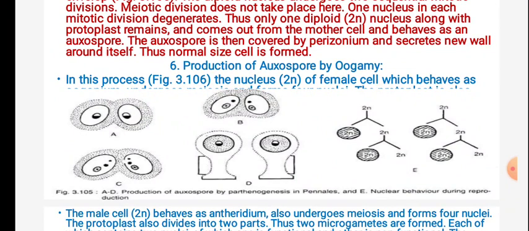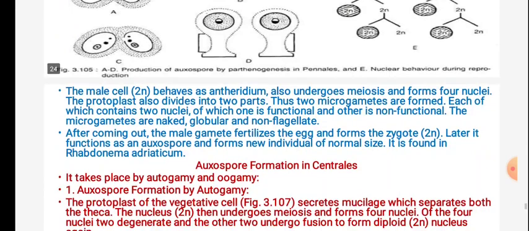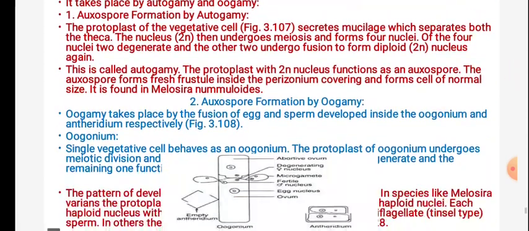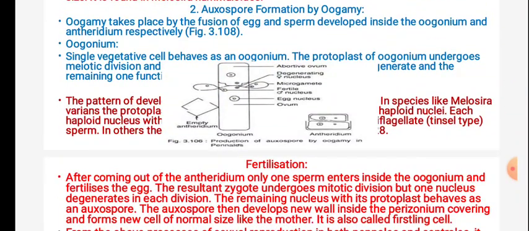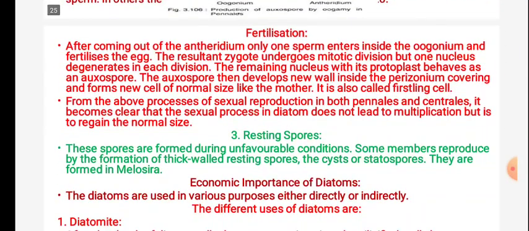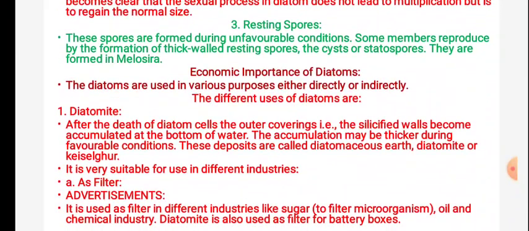The auxospore formation by oogamy is also an important part. In fertilization, to form a zygote, the oogonium is fertilized by the sperm, and later it becomes a resting spore, a thick walled resting spore, cyst or statospore. So this is the life cycle.